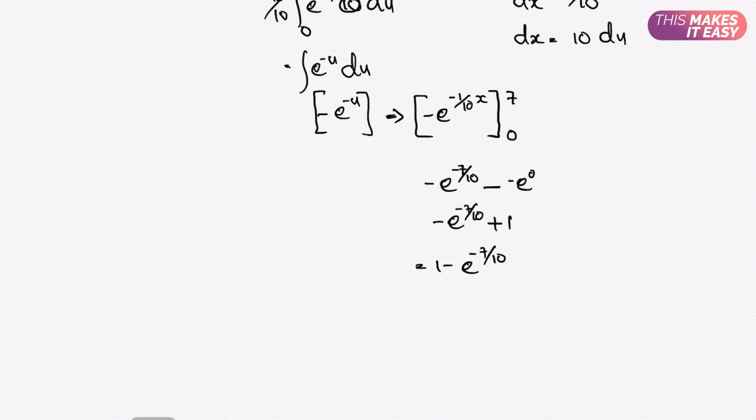What is the value of e power minus 7 by 10? If we calculate this value, it is coming around 0.4960. So 1 minus this value, we will get finally 0.50, something like that. So basically there is a 50% chance that a computer will fail before 7 years.